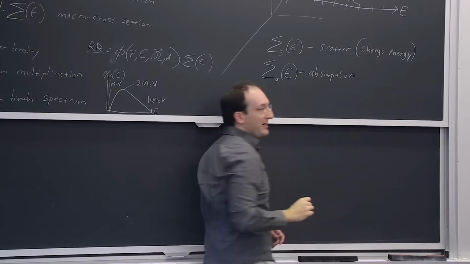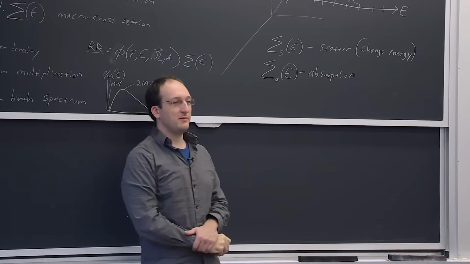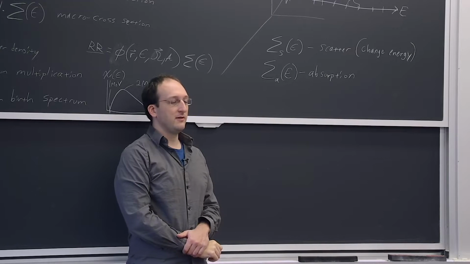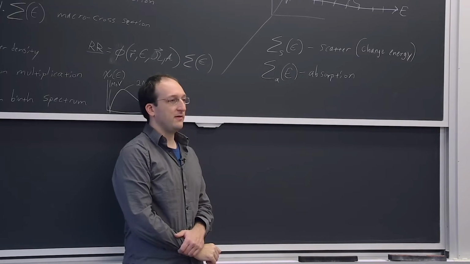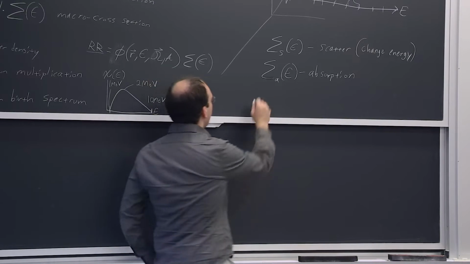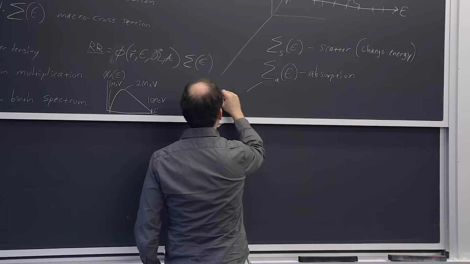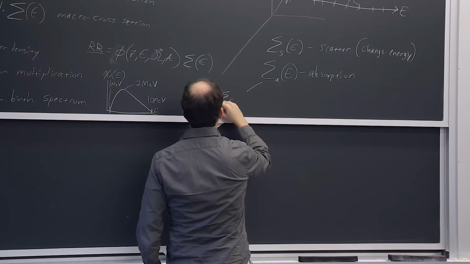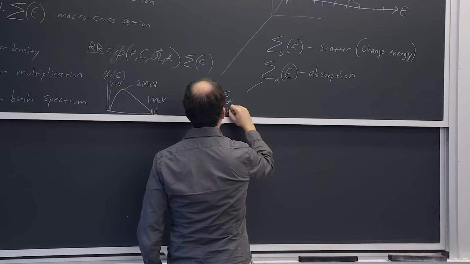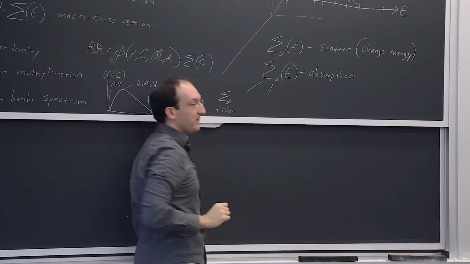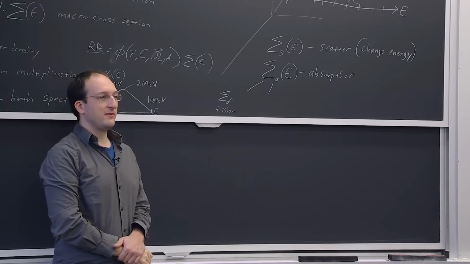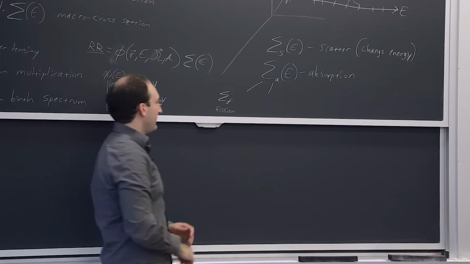What are some of the various things that can happen when a neutron is absorbed? Yep, so one of them is fission. What are some of the other ones? Yep, capture.